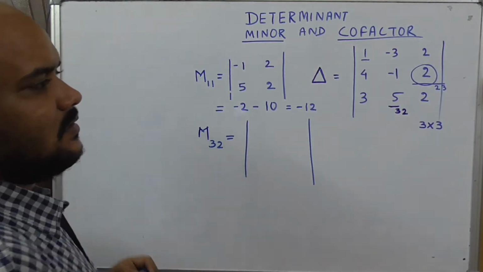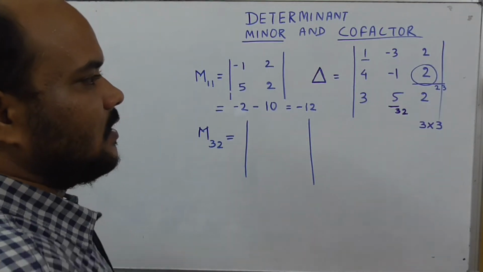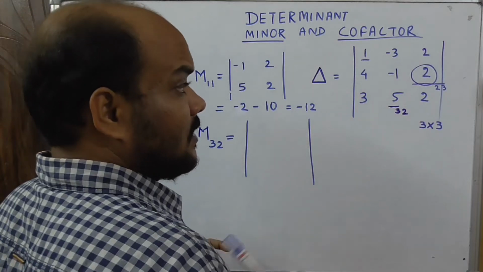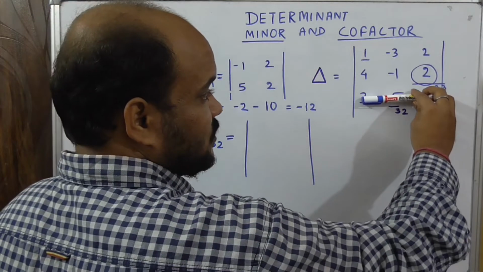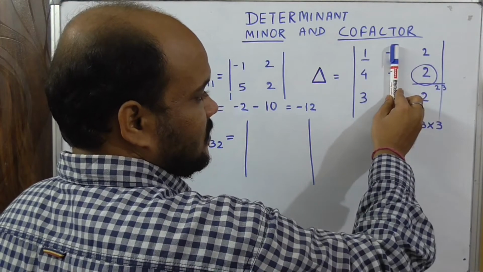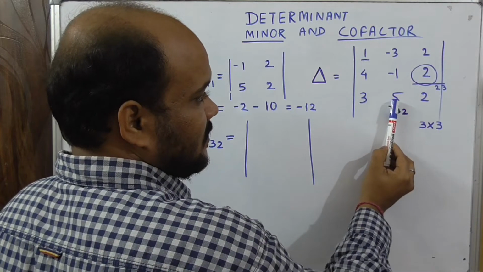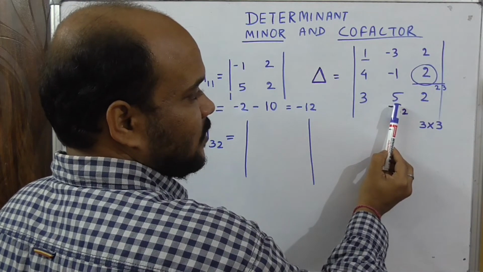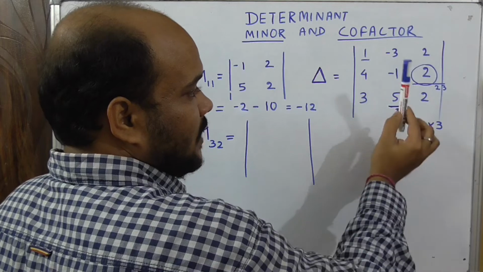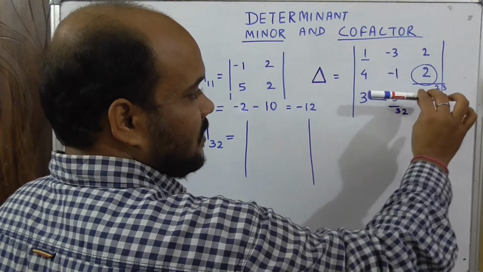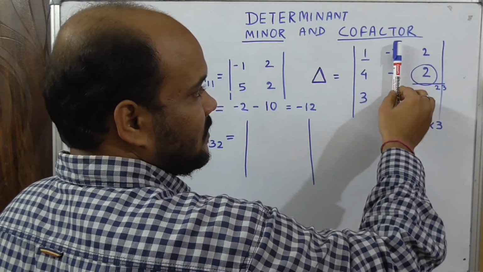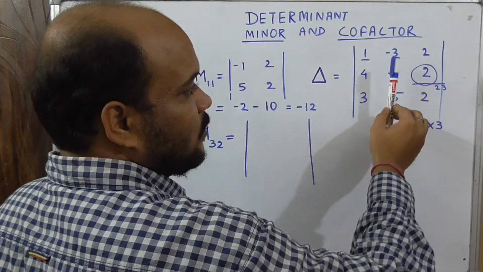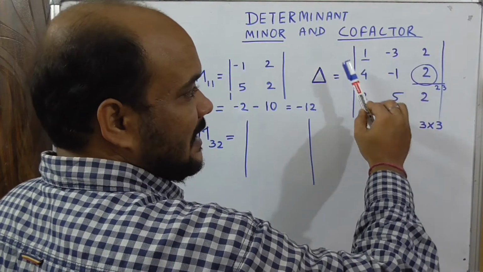In similar fashion, I keep the pen in this row and this column. This is the position we are looking for, 3, 2. So I put the pen in the third row and second column, and look at the left out elements.